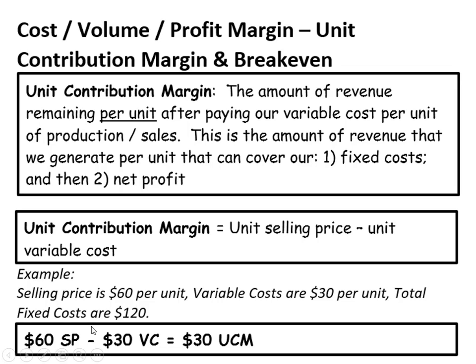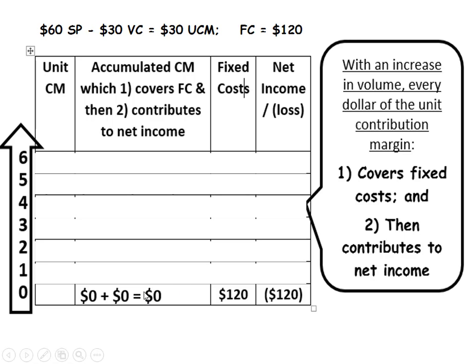So let's take this example of the $60 sales price, the $30 variable cost, and the total fixed cost of $120, and see how this actually works. Okay, at the very top I show the same equation we had from the previous slide. That's our $60 selling price minus our $30 variable cost equals our $30 unit contribution margin.